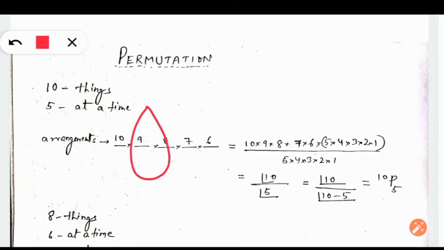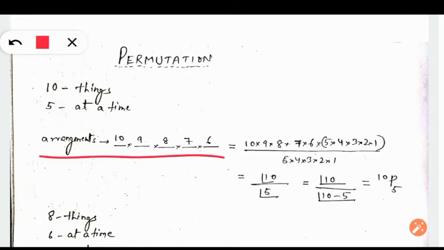Here the remaining things will be 9, because from 10 things one thing has been placed in the first place, so 9 things are left. So the second place can be filled in 9 ways, right? Similarly the third place can be filled in 8 ways, the fourth in 7, and the last one in 6 ways. Okay, so this is the number of arrangements by which we can arrange 10 things in 5 places.